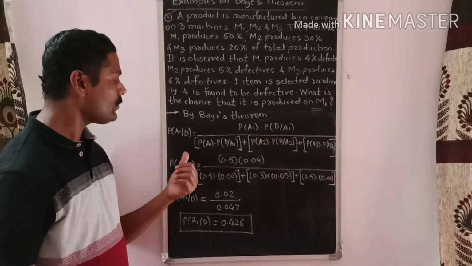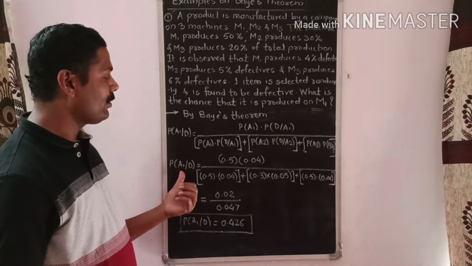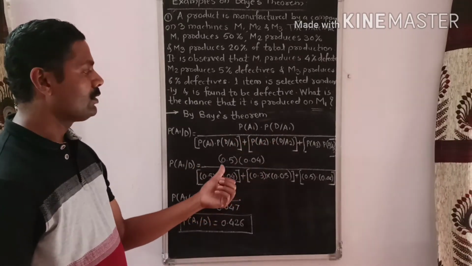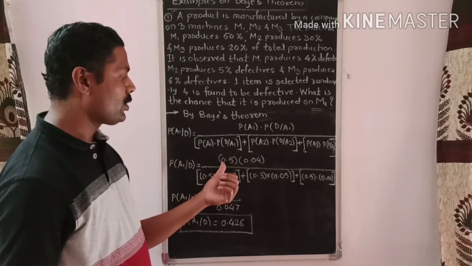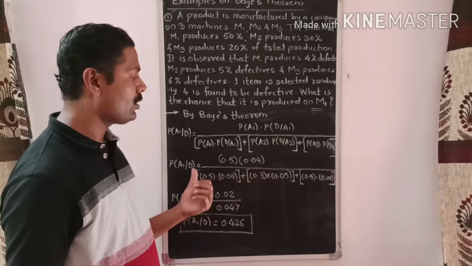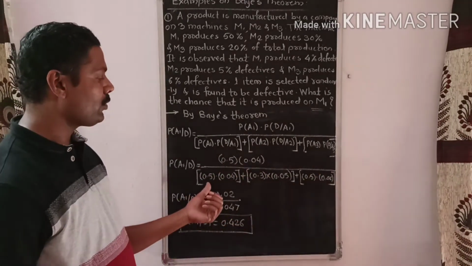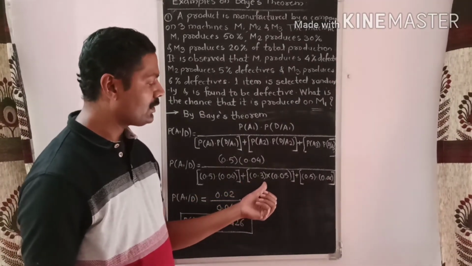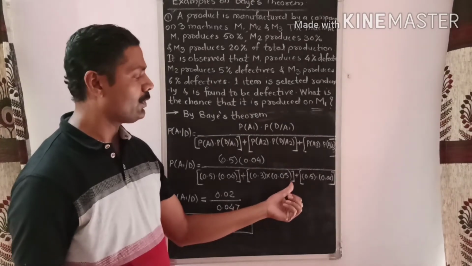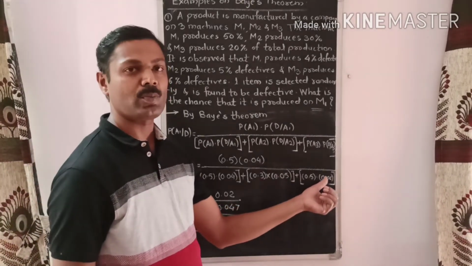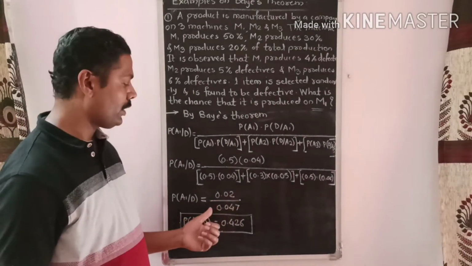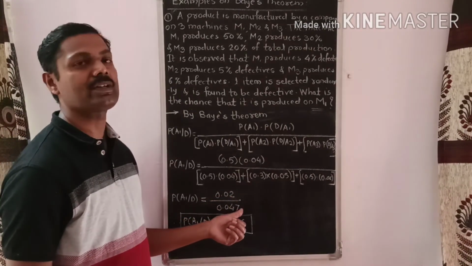Okay. So P of A1 upon D is equal to, putting the values, 0.5 into 0.04 divided by 0.5 into 0.04 plus 0.3 into 0.05 plus 0.2 into 0.06. So the numerator is 0.02, the denominator is 0.047.